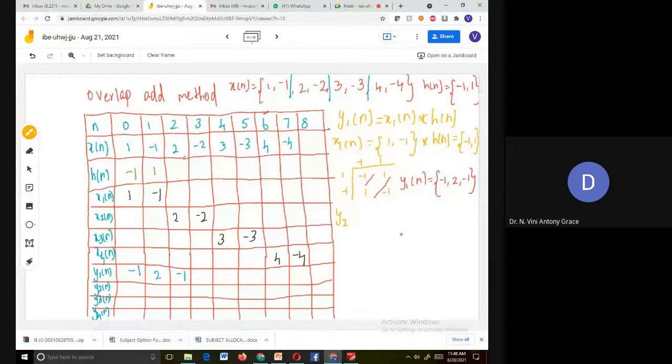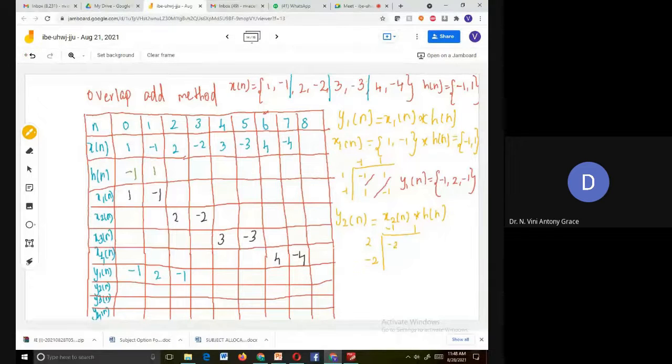Next, y2 of n. y2 of n is x2 of n convolved with h of n. So x2 of n is what? 2, minus 2. h of n is what? Minus 1, 1. Sorry. Minus 1, 1.